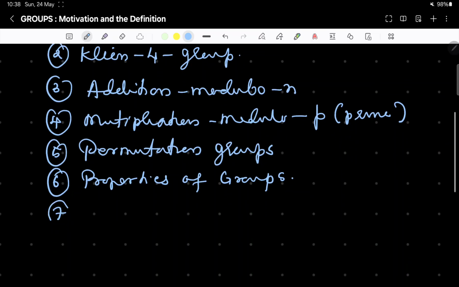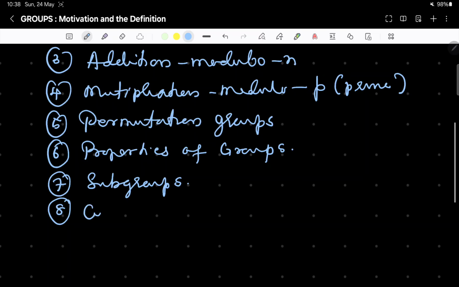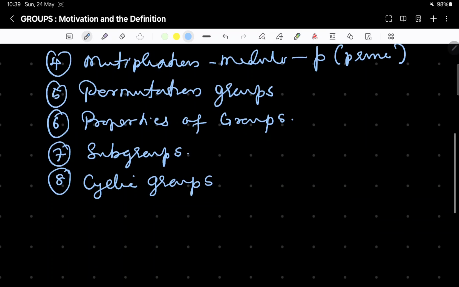Then we move to something called subgroups. Eighth one is a special kind of groups, which is called cyclic groups. Ninth one is cosets.